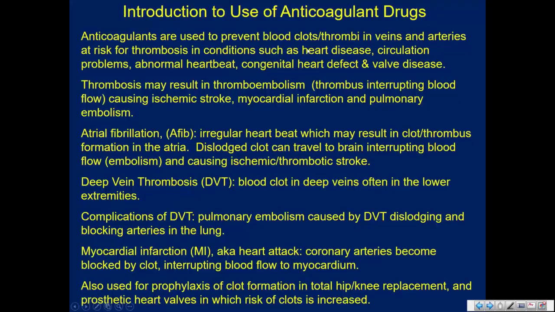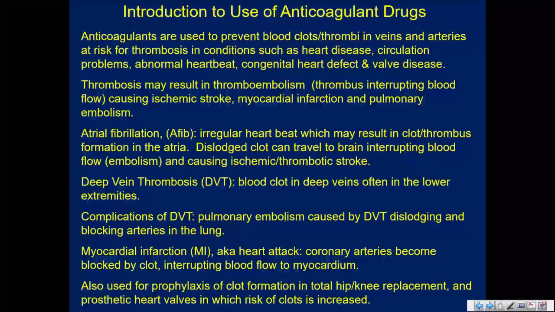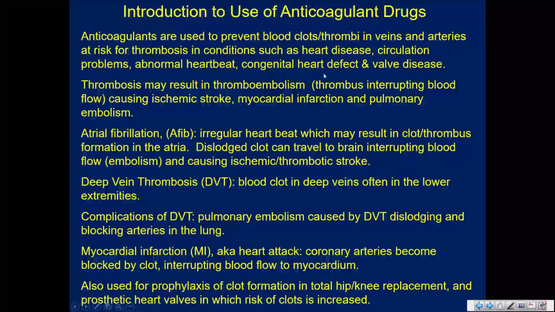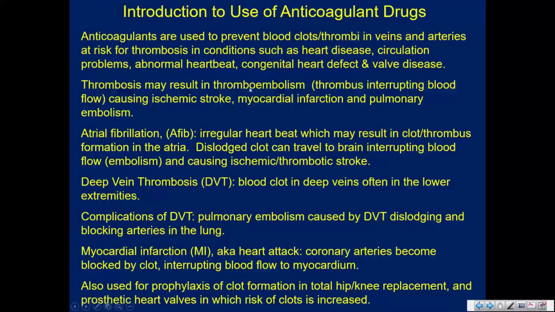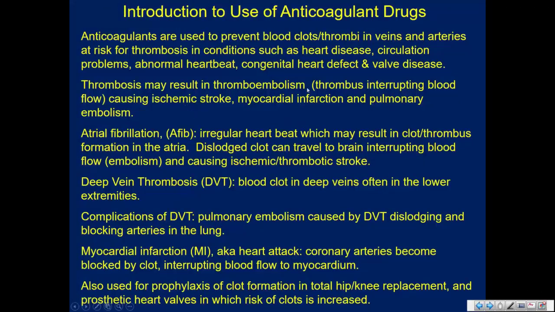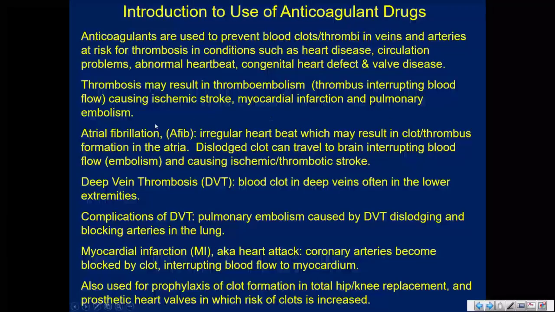This includes heart disease, whether it be valvular disease, atrial fibrillation, or coronary artery disease, atherosclerosis, circulation problems, congenital heart defect in valves. A thromboembolism is a blood clot that interrupts blood flow. This can cause an ischemic stroke, a heart attack, or myocardial infarction, or pulmonary embolism.